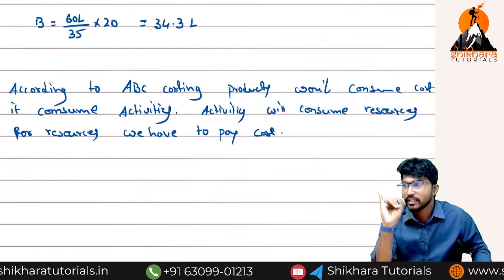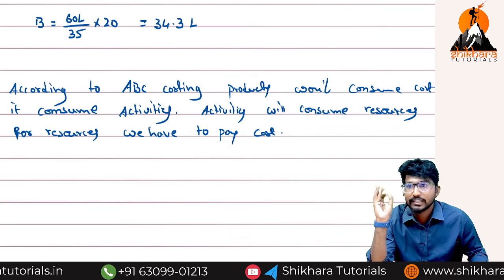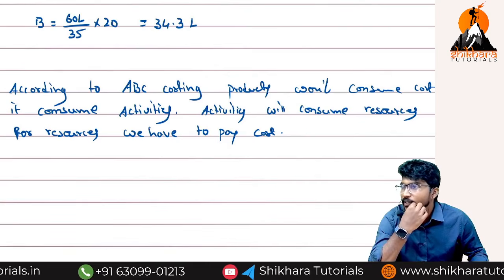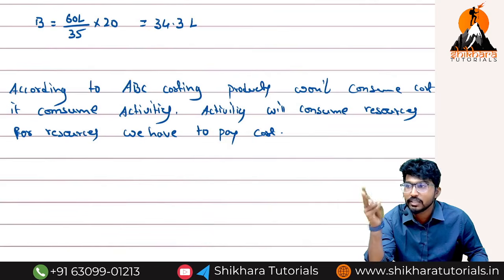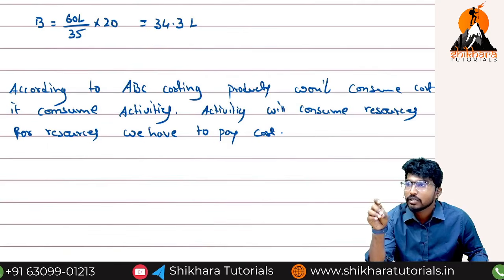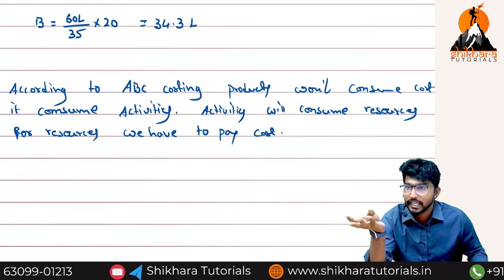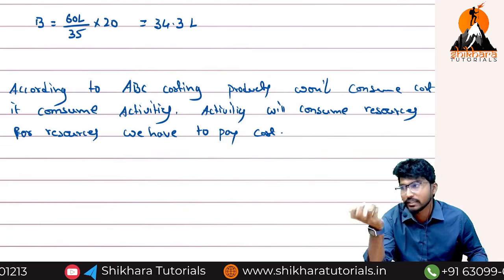First find the cost, next find the resources and link the cost to the resources. Next find the activities and link the resources with the activities, like for which activity we are consuming these resources, like labor or stationery or salaries, anything.